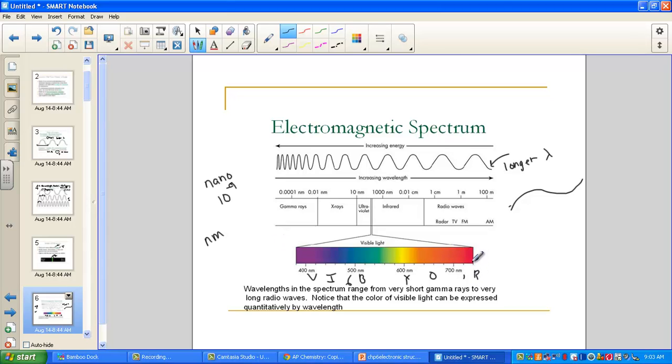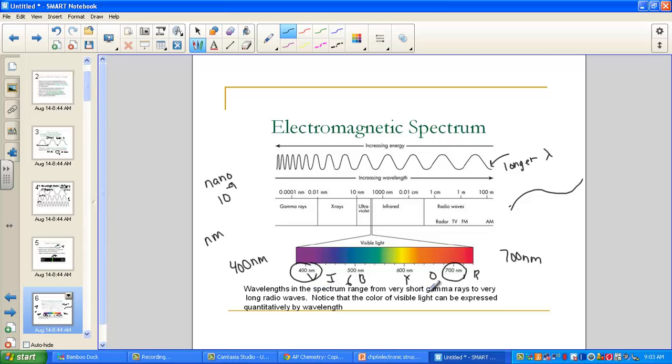Reds have the longer wavelengths, lower energy. The blues and the violets have shorter wavelengths of higher energy. Now notice here, red, about 700 nanometers would be a great approximation of the wavelength of a red color. Here we have 400 nanometers as the wavelength of the higher energy violet color.